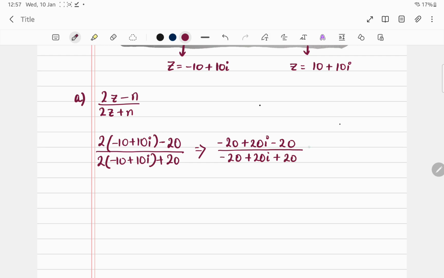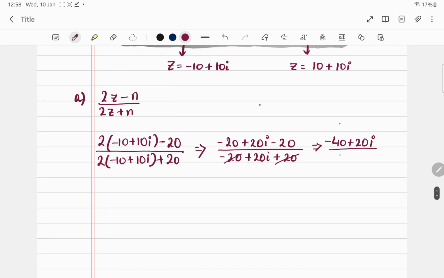So this gives me minus 40 plus 20i over 20i, as the others cancel. Now let's rationalize the denominator by multiplying with i and dividing by i. That gives me minus 40i plus 20i square over 20i square.